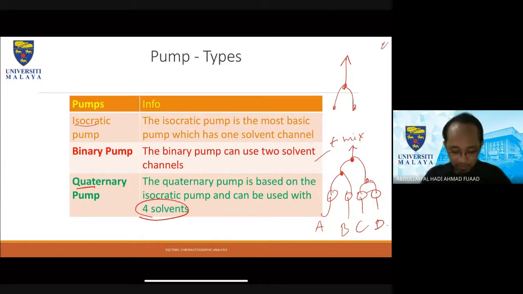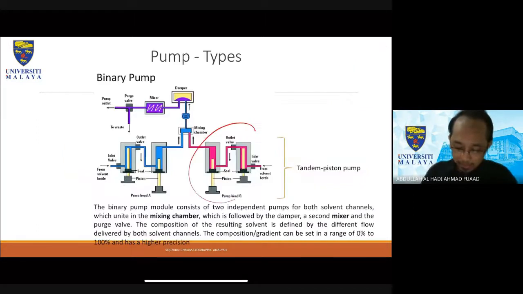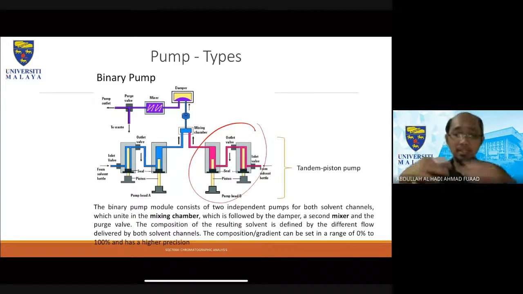So binary pumps, how do they work? You have a tandem pump. Like a single piston pump, a tandem is where you have two pistons working as a single pump. A binary pump is where you have two individual pumps in one box.